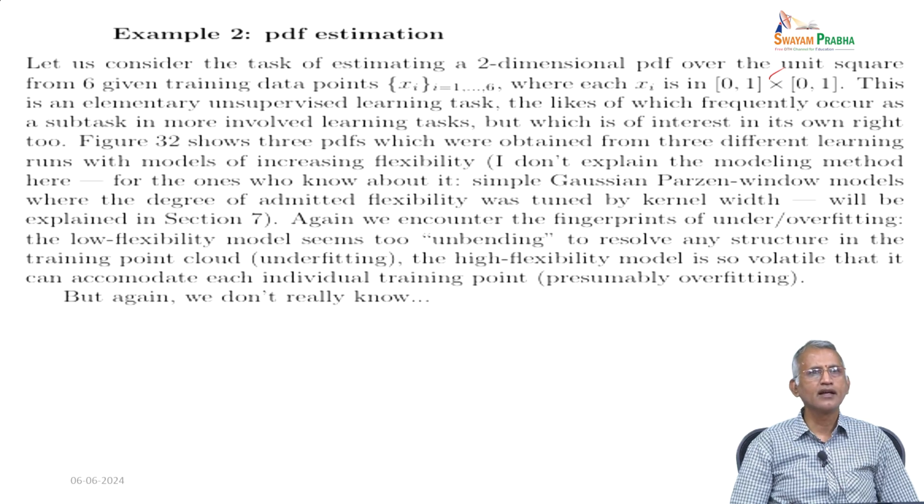So, this is an elementary unsupervised learning task, the likes of which frequently occur as a subtask in more involved learning tasks, but which is of interest in its own right too.